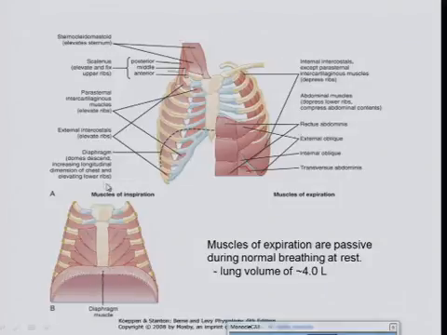So the diaphragm is a very important inspiratory muscle that we're going to talk about as being the primary factor in inspiration. Now, also very important, which carries a large portion of the load for inspiration, are the external intercostal muscles. These muscles are located between each of your ribs.